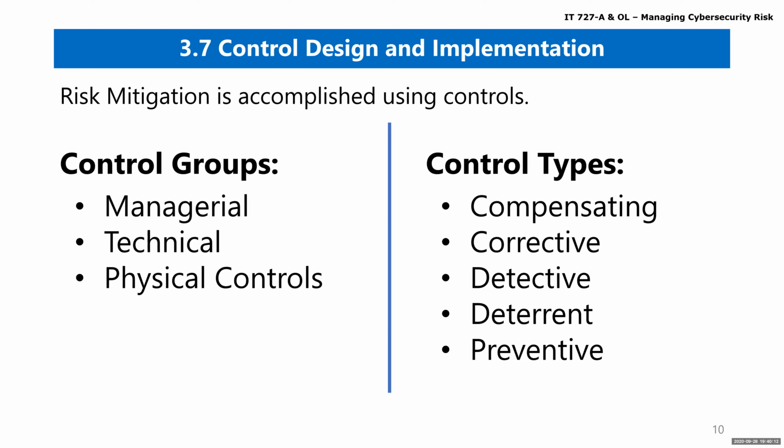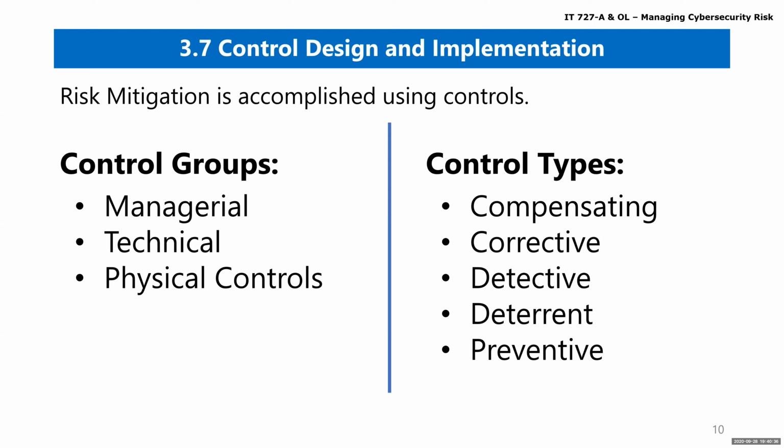An example of managerial control could be separation of duties, where management takes an action to separate the duties of employees so that one employee's job is not the same as another's, right? An example of technical control could be implementing two-factor authentication. It could be applying a firewall.